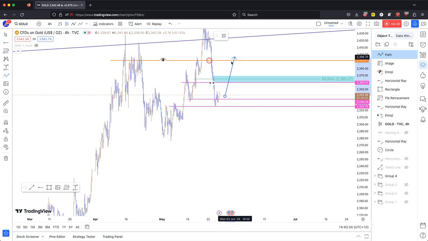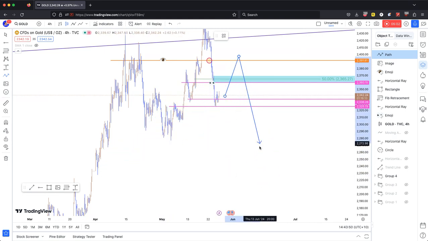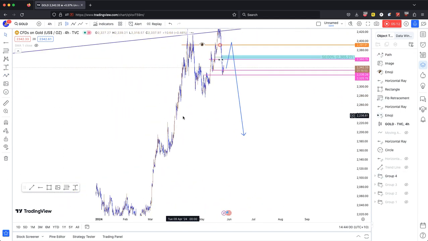This is probably around the area somewhere here, and then it will go find support on a weekly scale, right? So all these will be bounce points for intraday scalping and stuff. So it's kind of a swing setup formulating. It's going to be quite an aggressive drop once they're done building up whatever they're building.